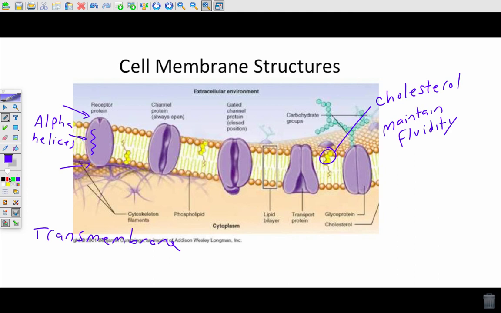Okay, so let's talk about some of these different transmembrane proteins. This first one is a receptor protein. And receptor proteins have an area that receives a signal. That signal could be a hormone.